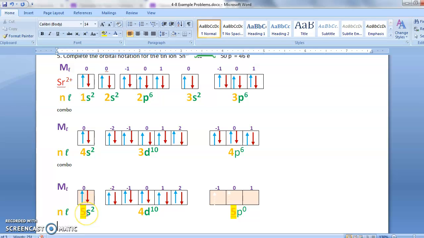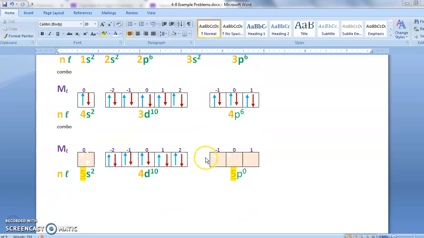So the next 2 that go out to make it 4+, these 2 made it 2+. This is tin 2+. To make it 4+, I need to remove the 2 electrons in the 5s, not the 4d. That is an inner level. So I'm going to ghost these 2. With those 4 gone, tin is now 4+.